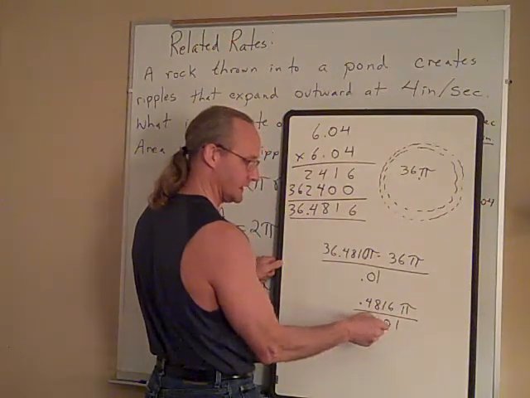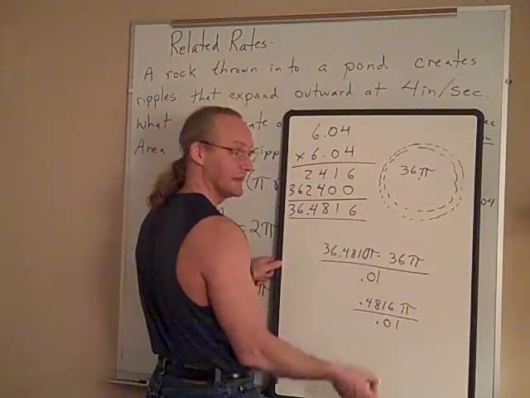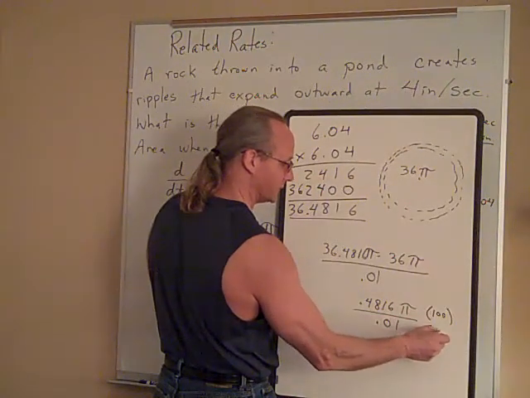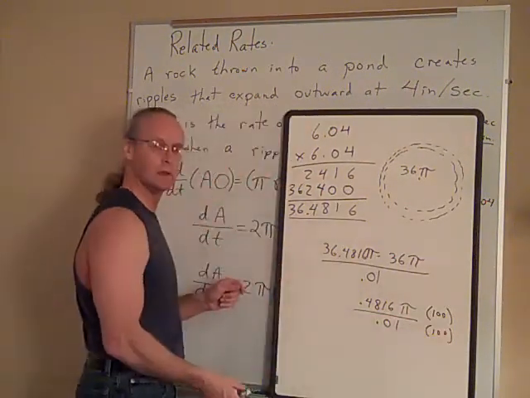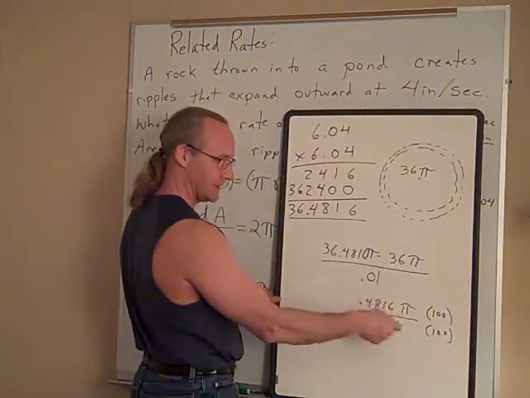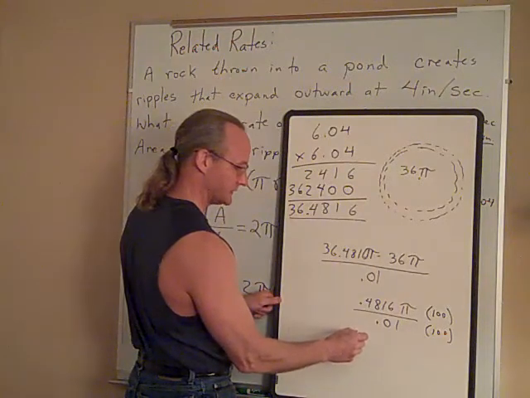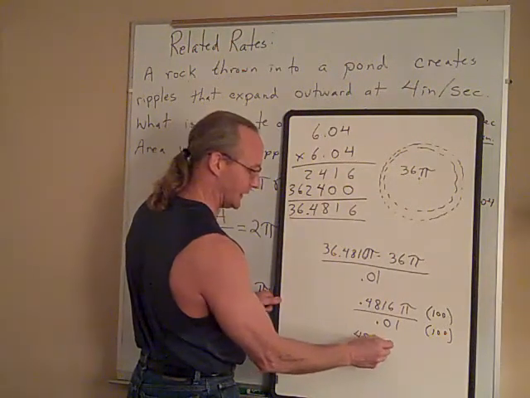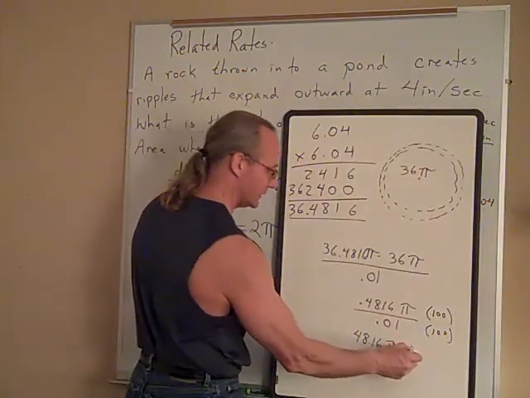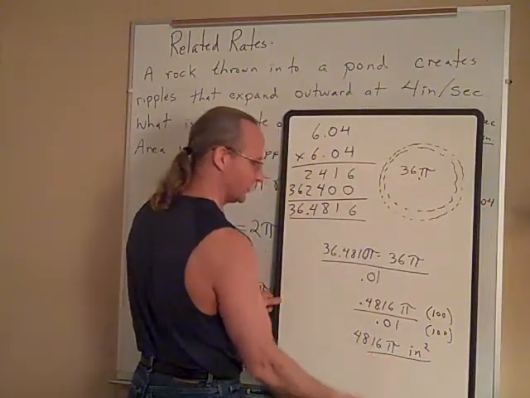This moves my decimal 2 places. One way to think of this is I'm actually multiplying by 100 over 100. Some people have a little trouble simplifying decimal fractions. Take a look. Multiply by 100 over 100 and I get 48.16 pi. What? Well, this is inches squared per 1 second.